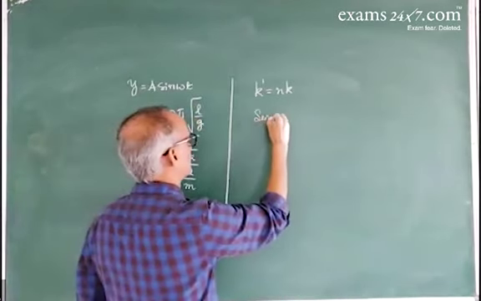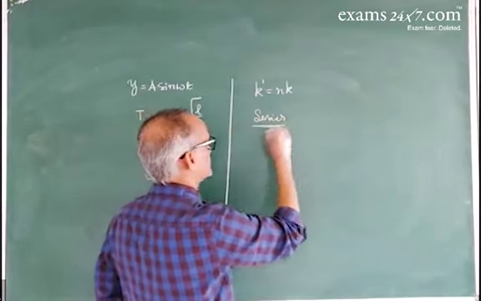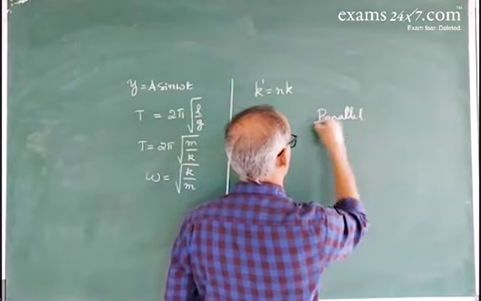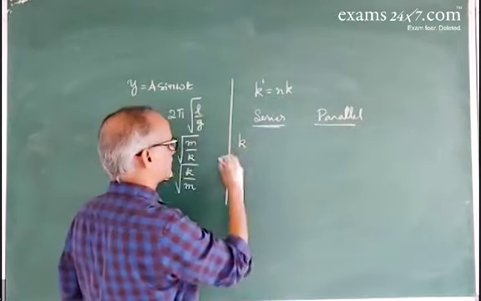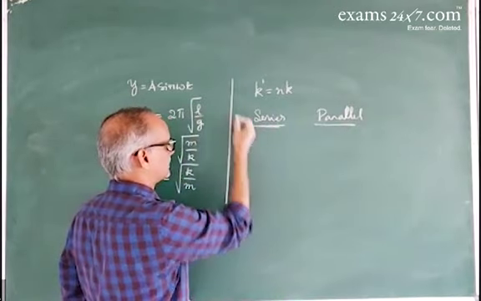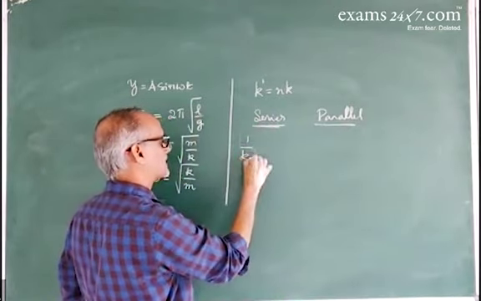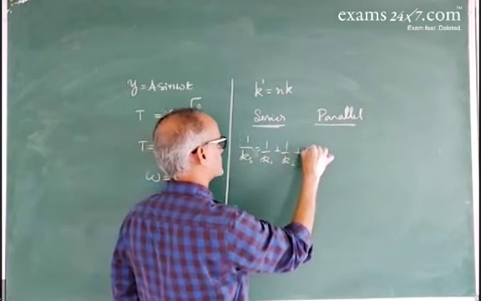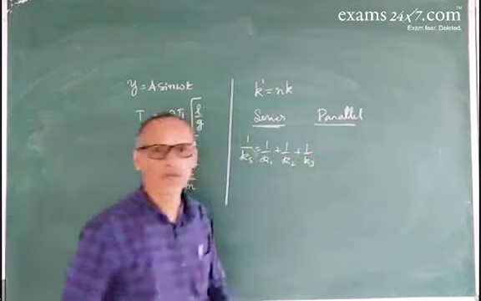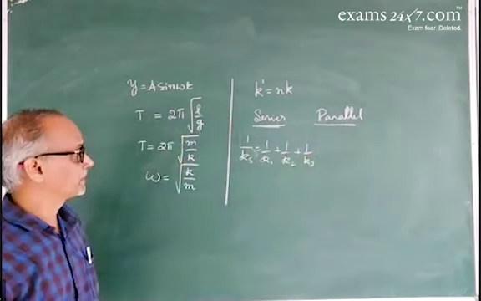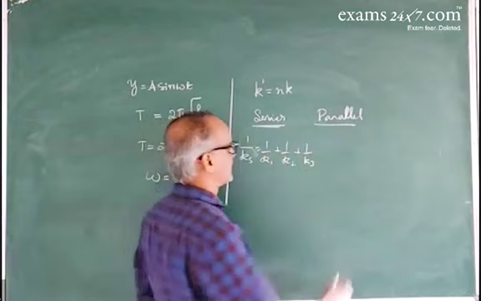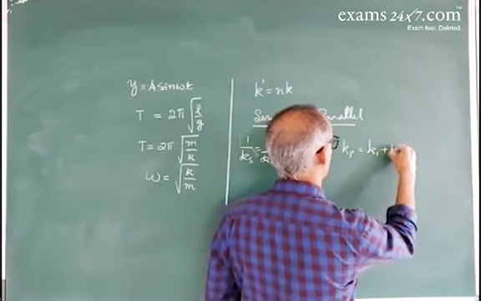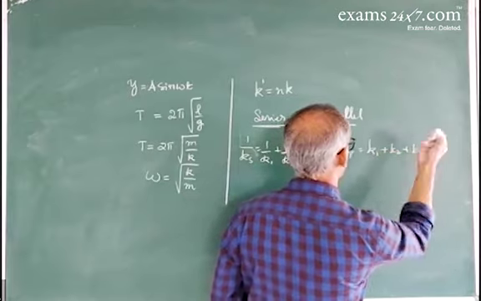When springs are connected in series or in parallel, the effective spring constant in series is given by 1 by ks is equal to 1 by k1 plus 1 by k2 plus 1 by k3. This is similar to the combination of capacitors, whereas in parallel combination, kp is equal to k1 plus k2 plus k3.